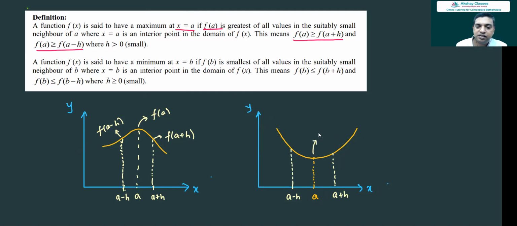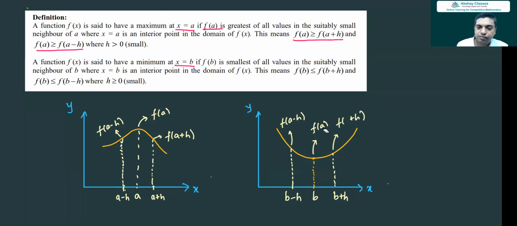So this is f of a, its value is lower than f of a plus h, and its value is lower than f of a minus h. Oh, here, I'm sorry, it is b. I didn't see this. So for x equal to b, I'll change this to b. b, b plus h, b minus h.